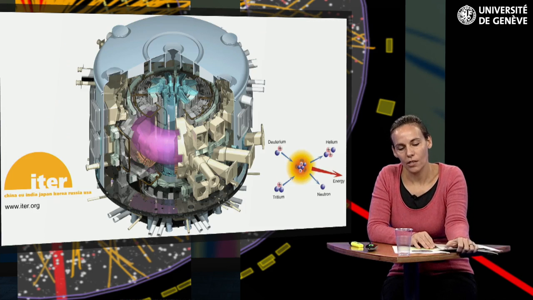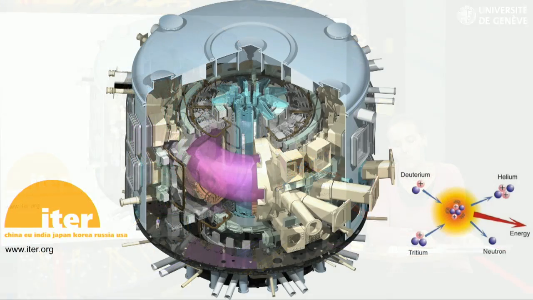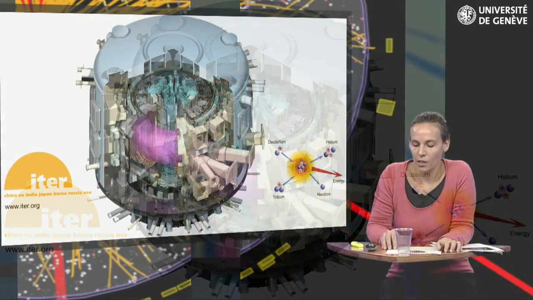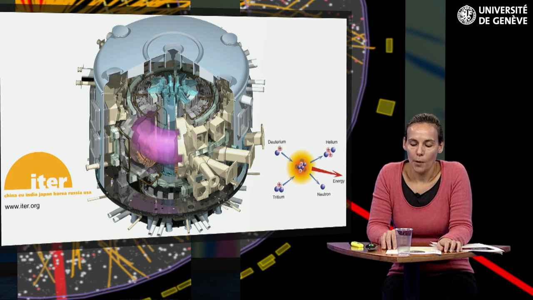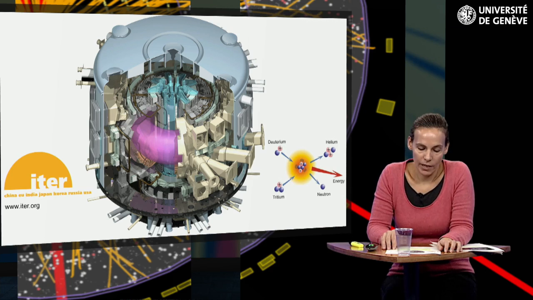There is a substantial effort to achieve man-made nuclear fusion under controlled conditions. Various fusion processes between deuterium and tritium have been observed in laboratory conditions. The most important one is deuterium plus tritium, which produces helium-4 plus a neutron plus 17.6 MeV of energy.